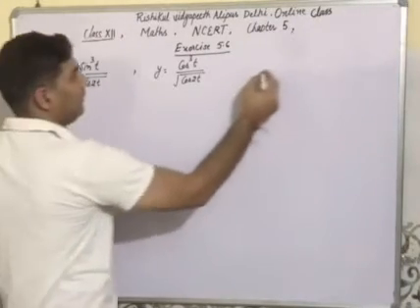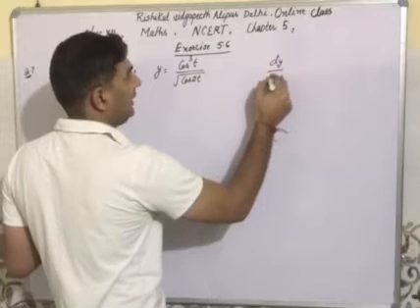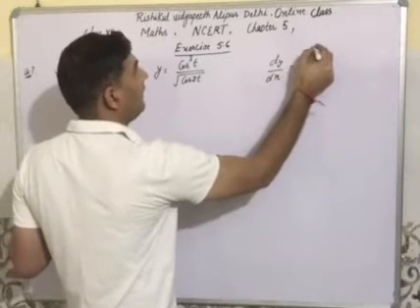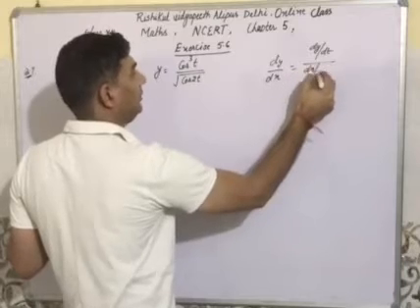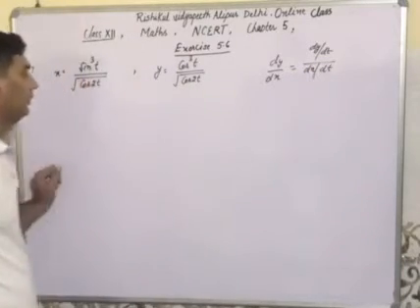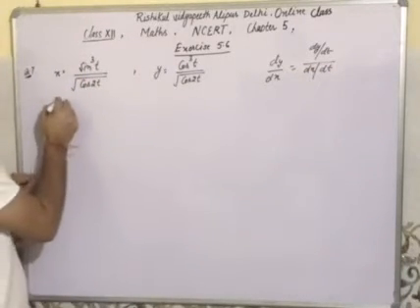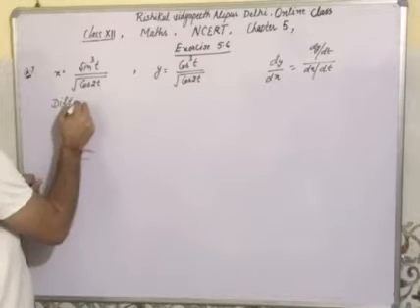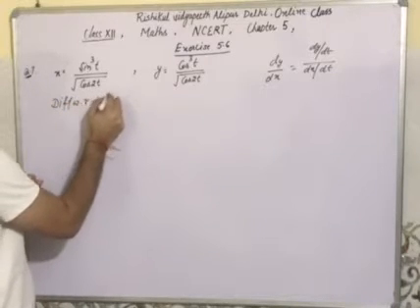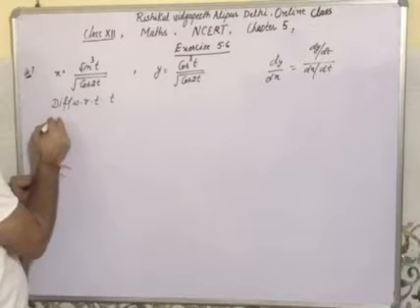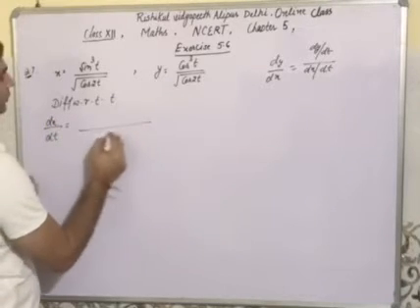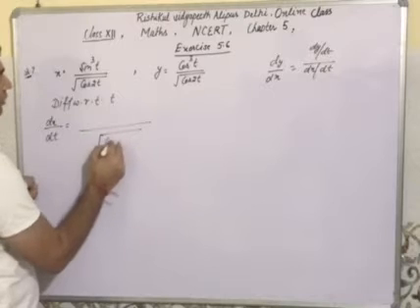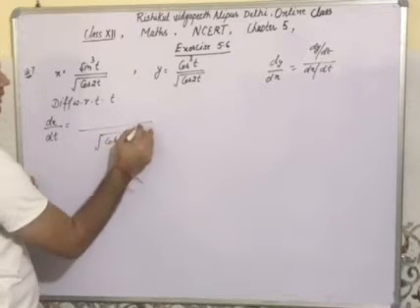Differentiate: dy by dx is equal to dy by dt upon dx by dt, and find this. Differentiate with respect to t, then dx upon dt is equal to this, cos 2t and their square.